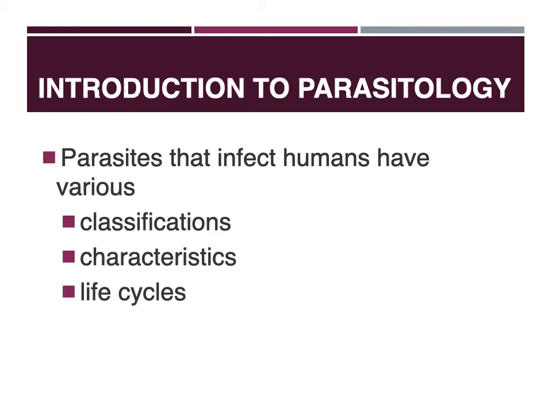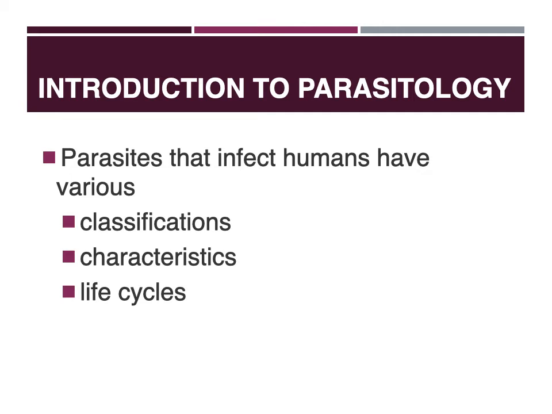So we will talk about life cycles for these different organisms, but we'll be talking about them in a more general approach. Obviously, for the parasite that you pick for your paper, you should talk about their life cycle. You should include a figure on their life cycle.